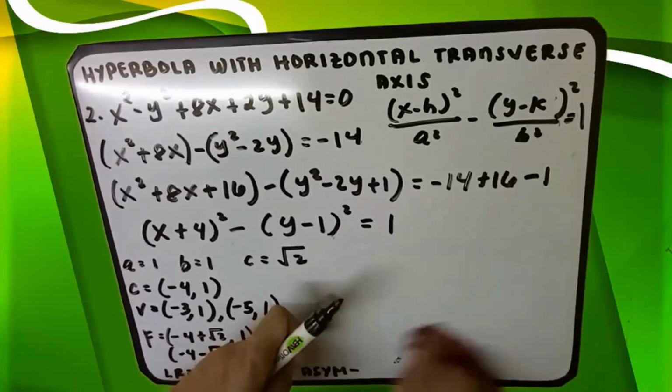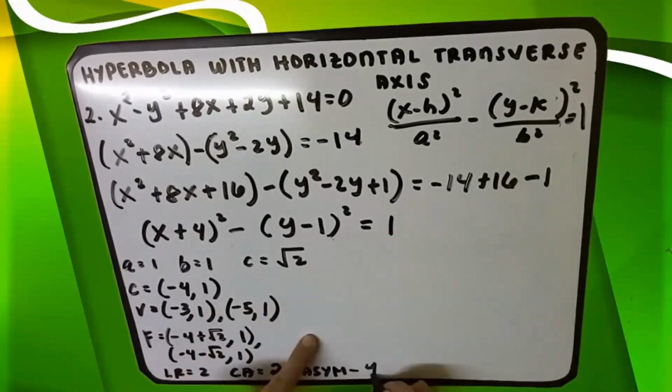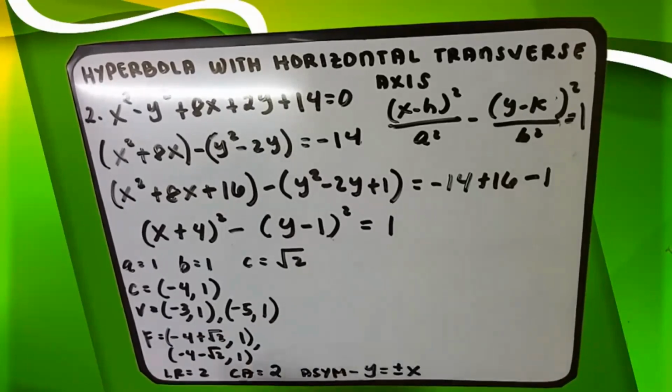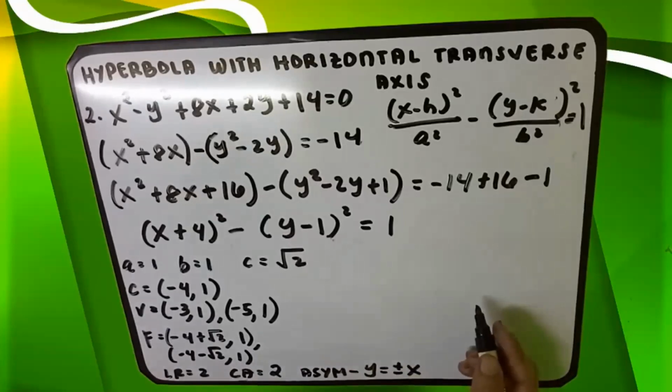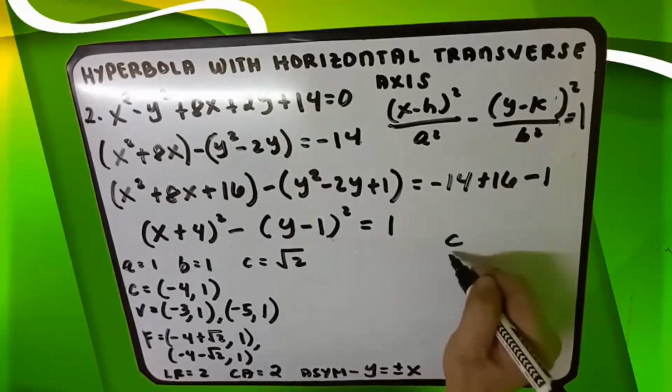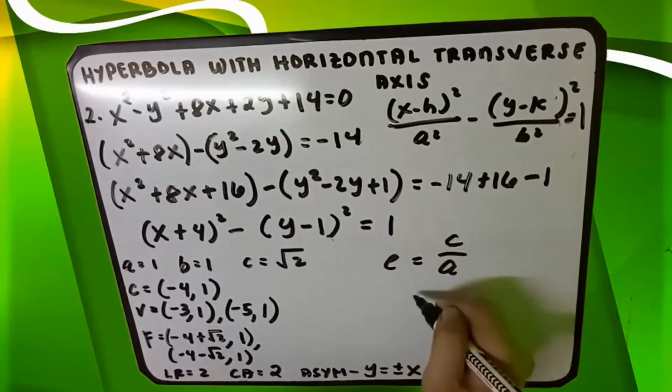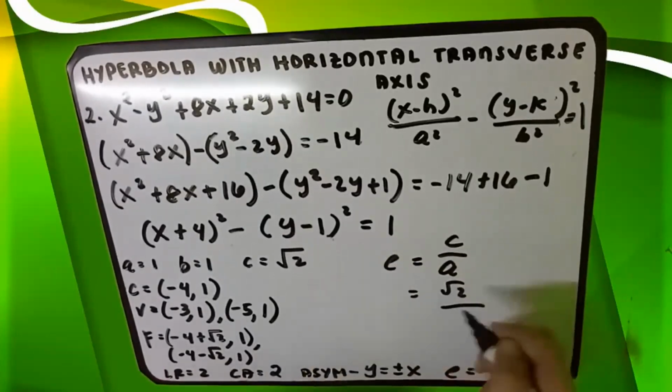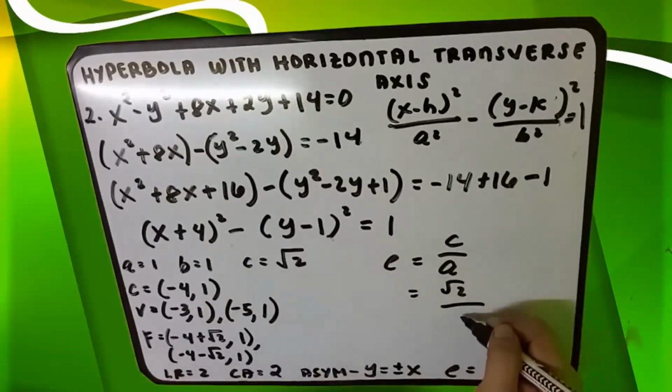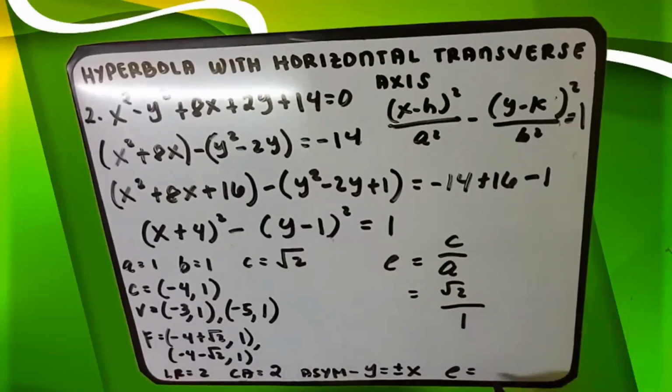So that would be the asymptote. Y is equal to positive, negative, x. Next, eccentricity or E. So that is c over a. Ang c natin is square root of 2 over, ang a natin is 1. So just square root of 2.